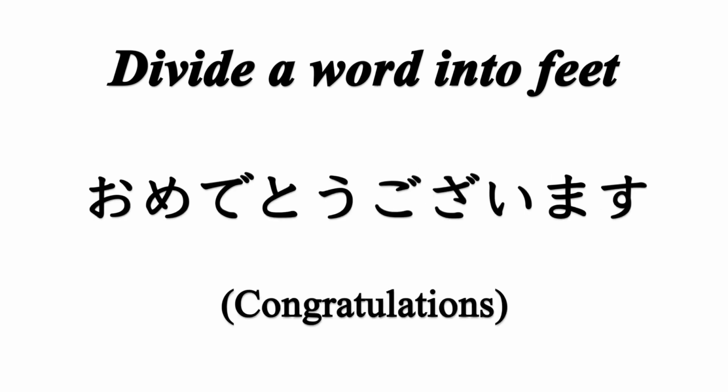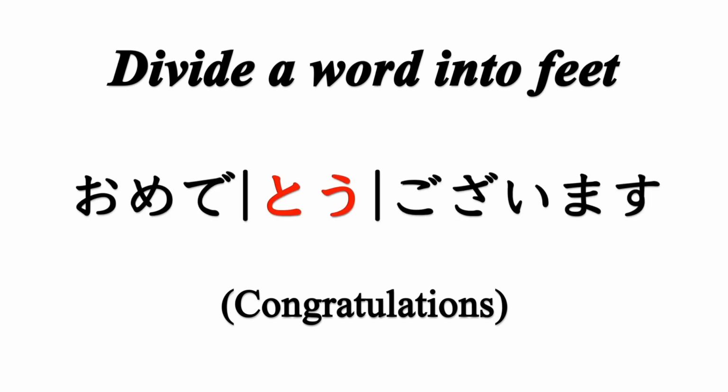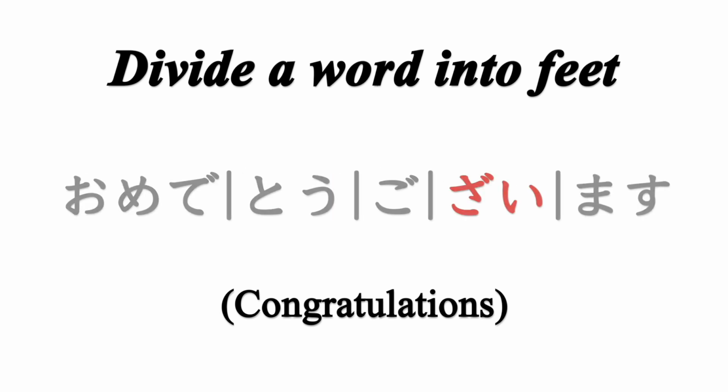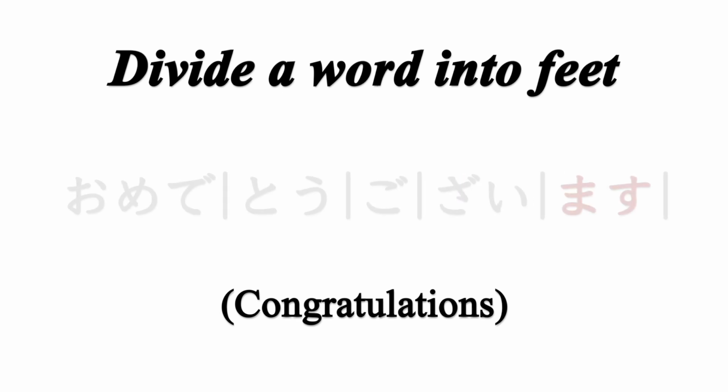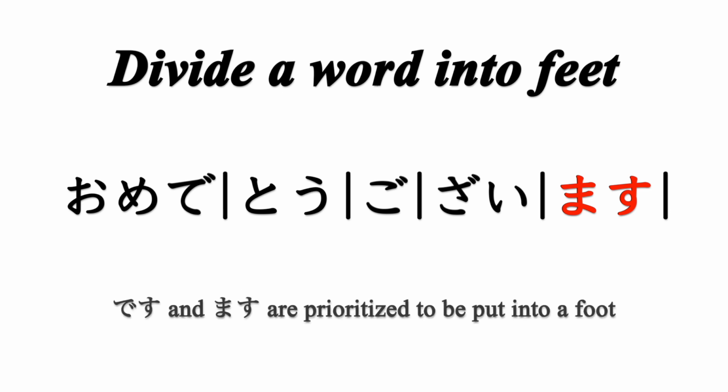What about this? This is long, so I'll give you some time to think. First, you put to into a foot. Then, zai, right? Because za is followed by a vowel. Then, masu. By the way, we put desu and masu into a foot first as well.